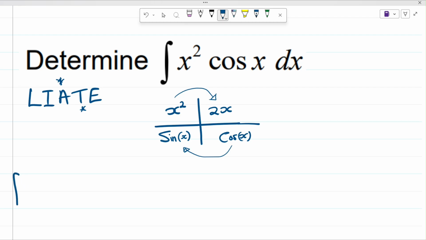All right, so here we've got the integral of x squared cos of x dx, which is going to be equivalent to, I said from here, we say second quadrant multiplied by the third quadrant. So it's just going to be x squared multiplied by sine of x.